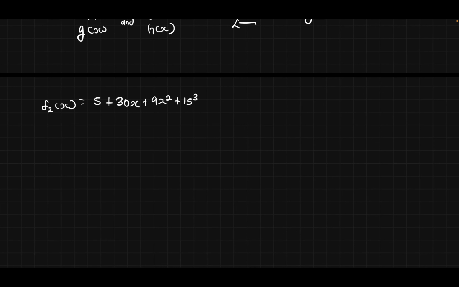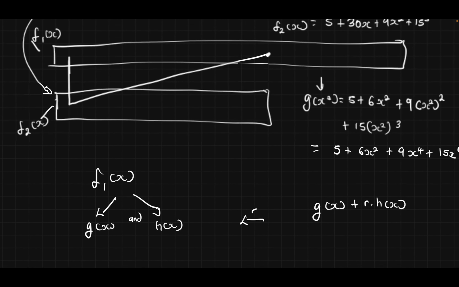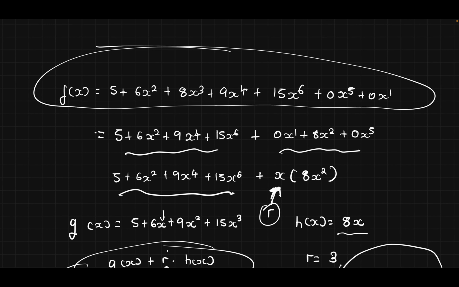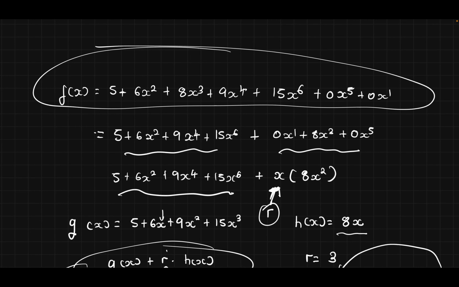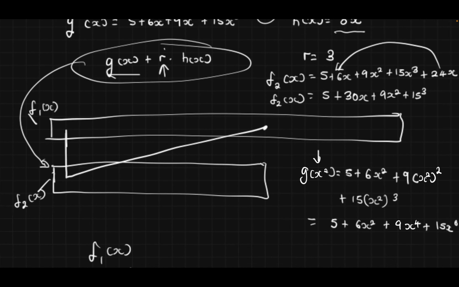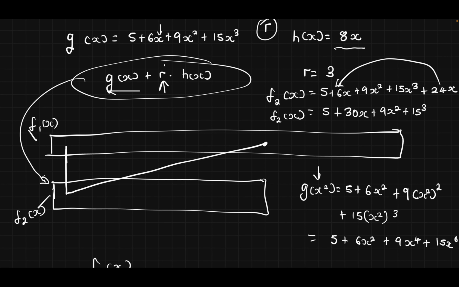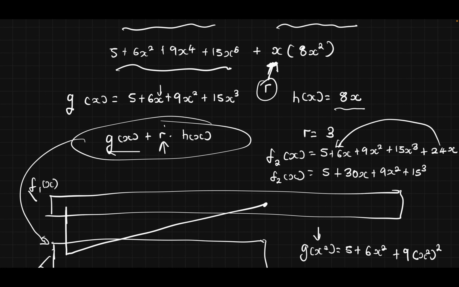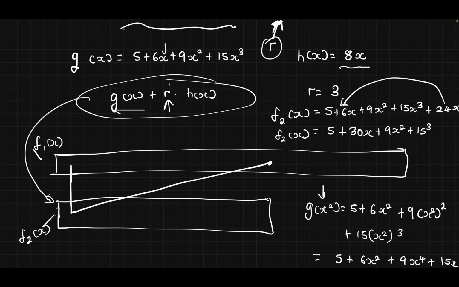Okay? So now, let's continue. We had a polynomial. We used that to generate a code word.